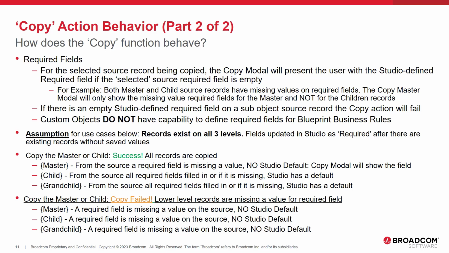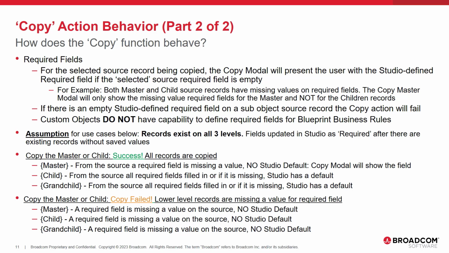And so if you look at this chart below, these two examples with the assumption that records exist on all three levels, if you have fields in Studio defined as required but don't have any default value set, or the source records don't have any values, then you could encounter a copy failed situation.